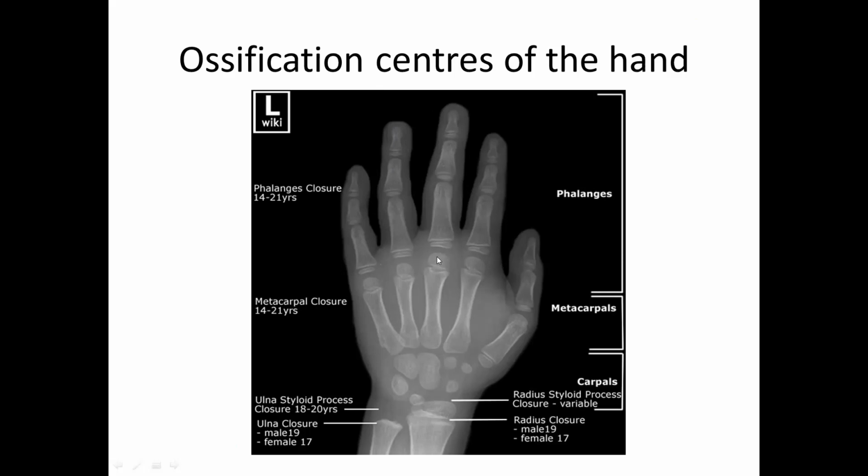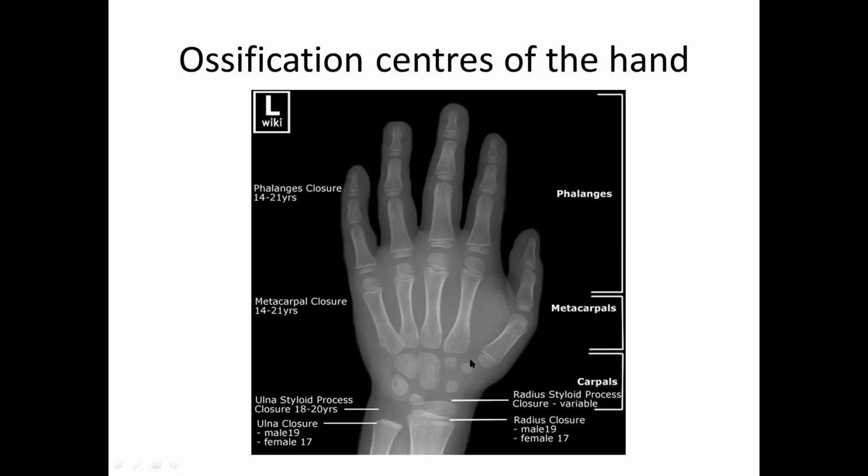Here you can see the head of the metacarpals, which is a secondary ossification center, and the shaft is a primary one. Here are the carpal bones, so you can see only some of the carpal bones are ossified. Carpal bones are a really good indicator of the bone age of a child.